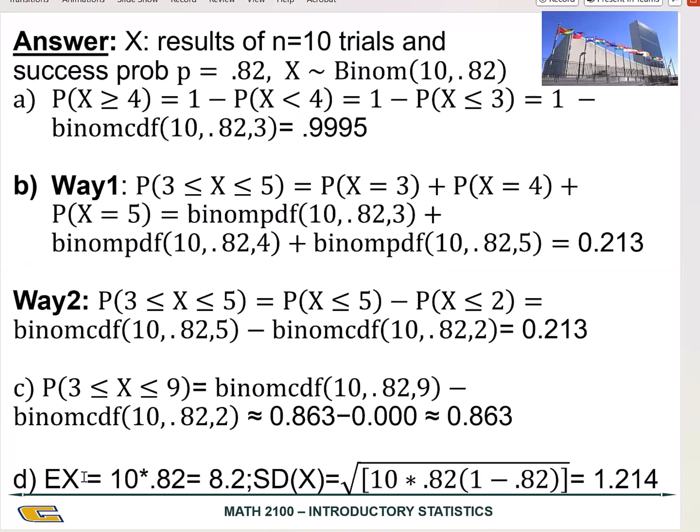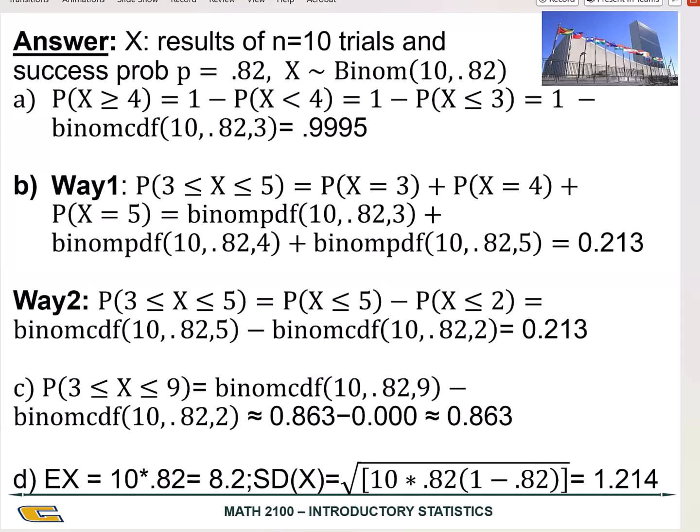So we can find that E[X] equals n times p, which is 8.2, and the standard deviation of X equals the square root of 10 times 0.82 times (1 minus 0.82), and after you do the calculation, you get this number, okay? So we finished example 4.23.